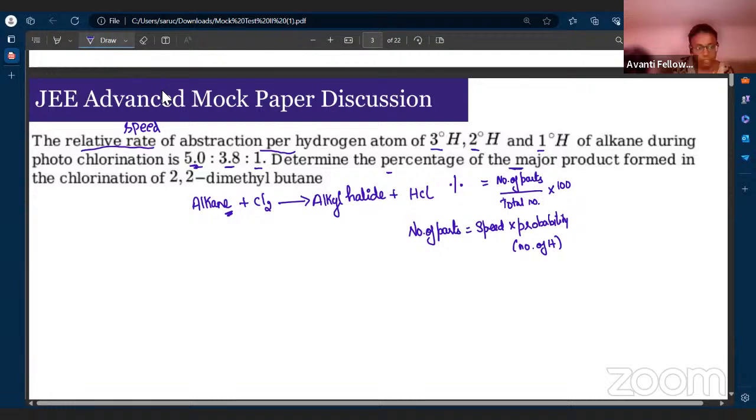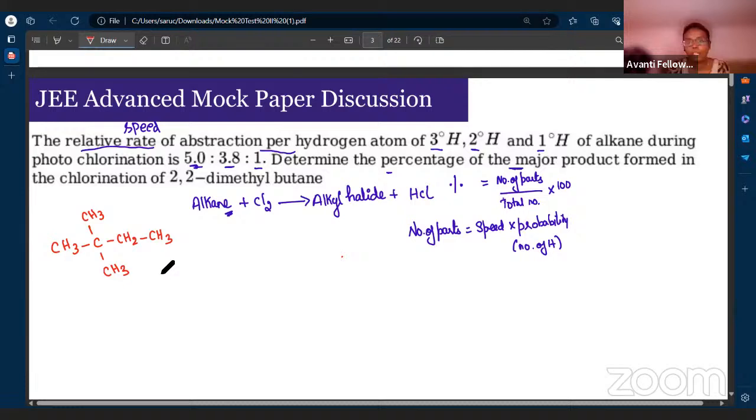So this is your 2,2 dimethylbutane. Yes, everyone got this one? Is everyone writing in your notebook? Fine. So now this is 2,2 dimethylbutane.